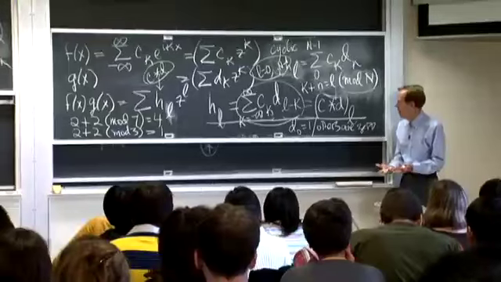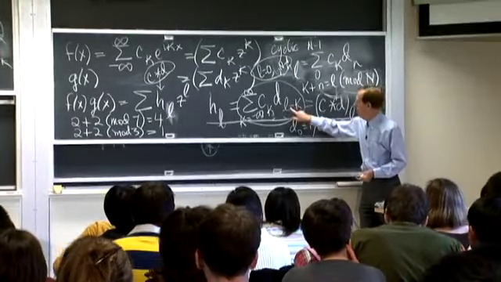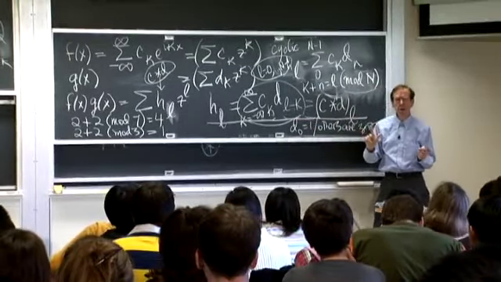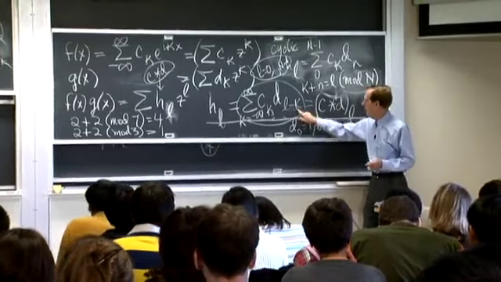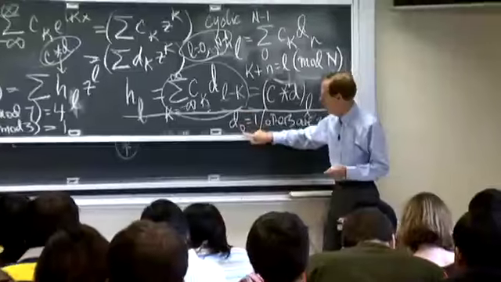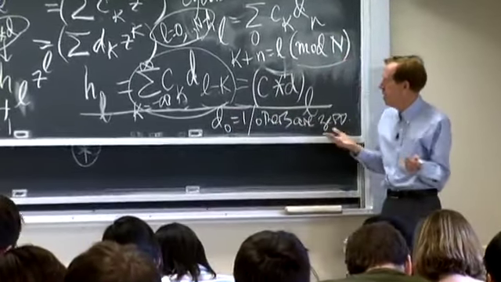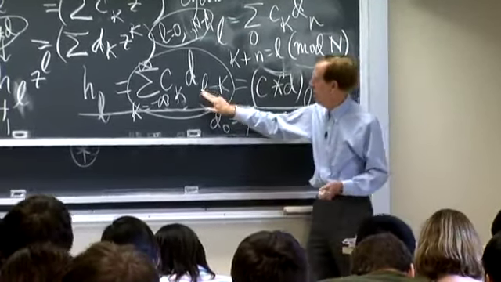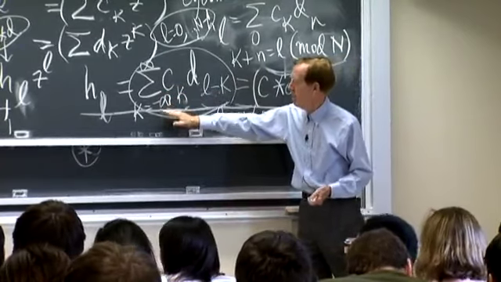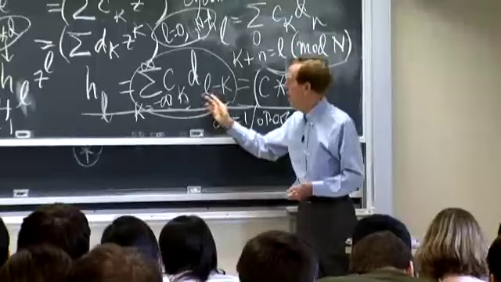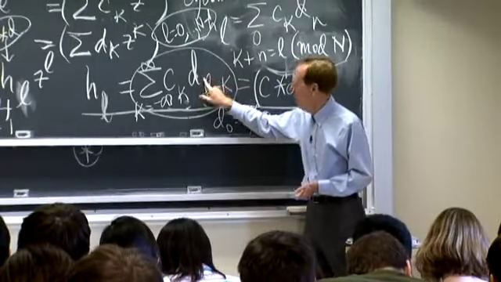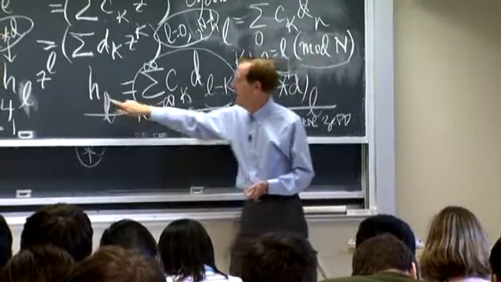Well, I only get something when L equals K, because then I have D0, and that's the only D that's around. So in this sum, something happens only when K and L are the same. And then I have a 1, I have CL, and that's HL.